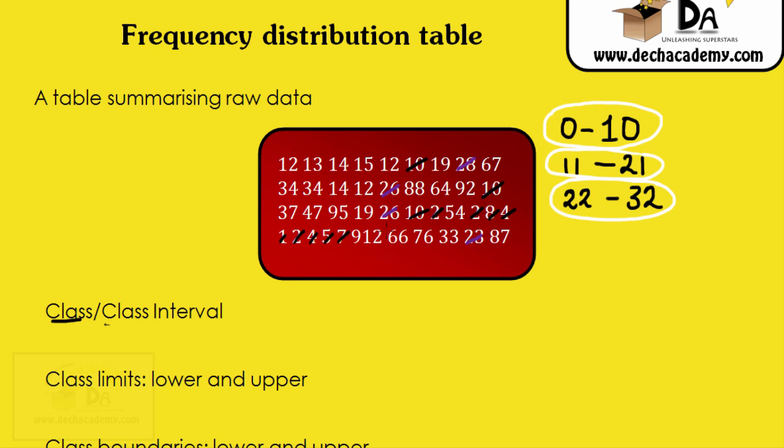So there might be others, so I'm not marking them all out. I'm just showing you that by grouping data, it's easier to represent them because you're just summarizing it. We don't have to write out all the numbers to get the information the numbers are trying to give us. One can group these numbers into classes or class intervals, whichever way you want to put it, and you might still be able to get the information you're looking for.